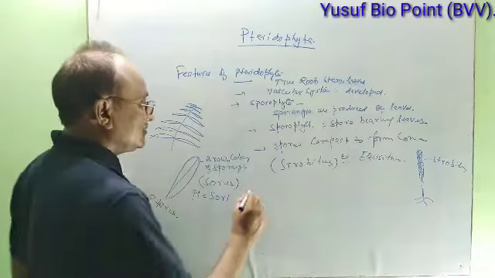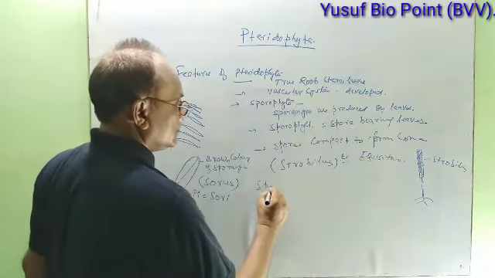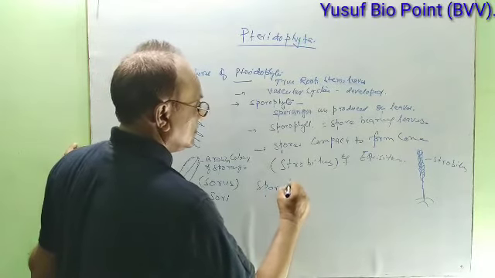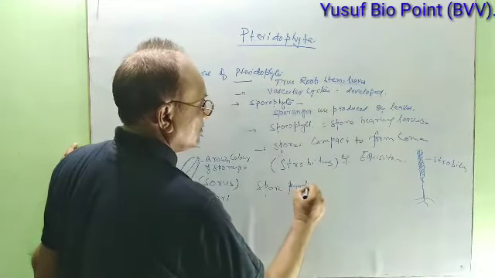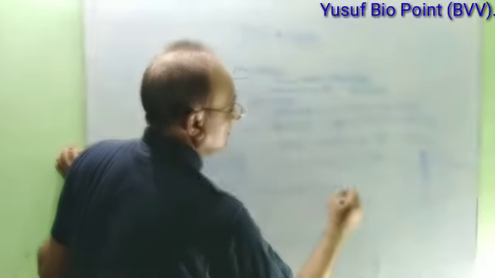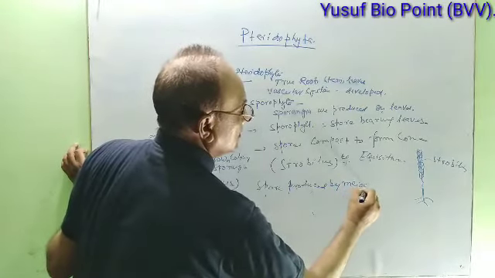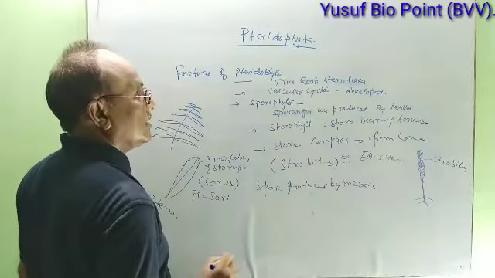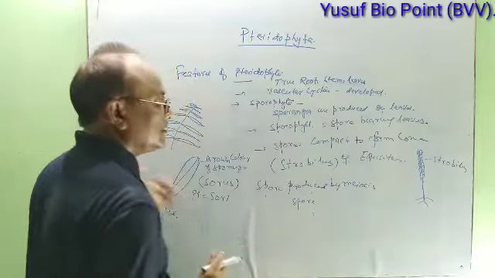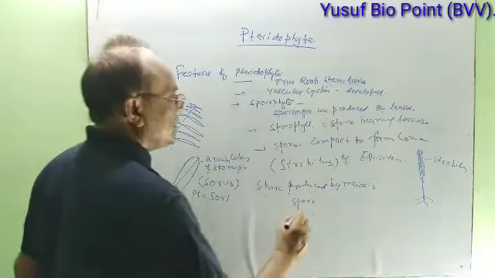These spores are produced by meiosis, and the spores may be of the same type or of different types.